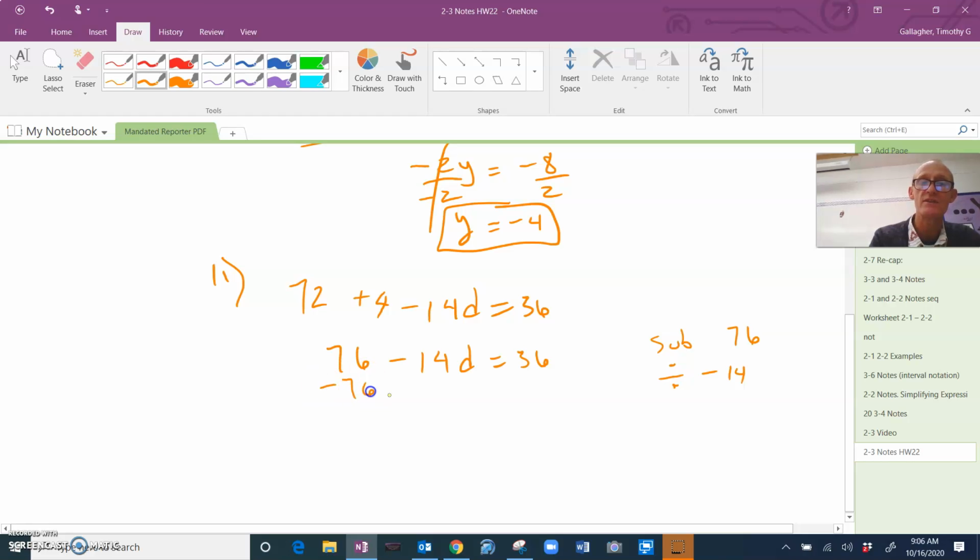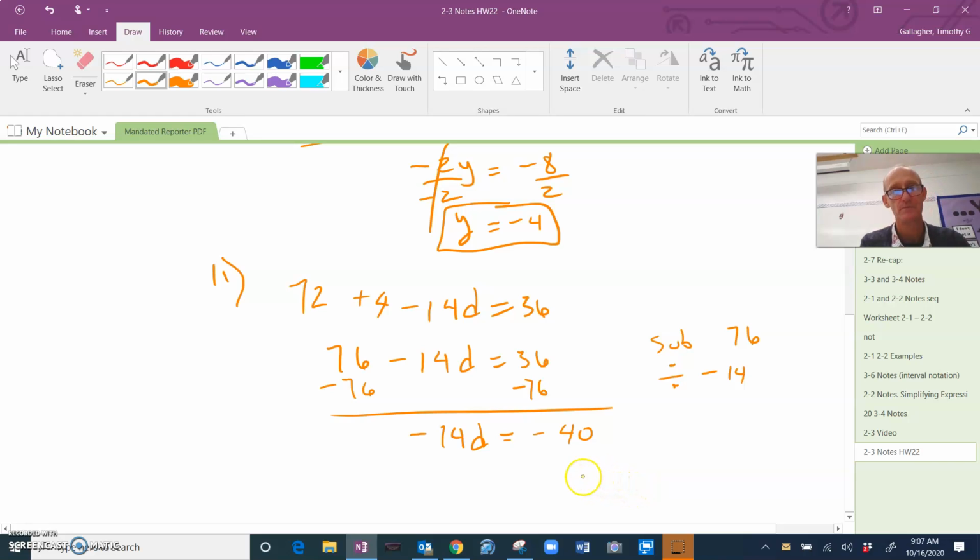So we subtract 76, and we get -14 times d is equal to -40. Okay, we divide by -14.